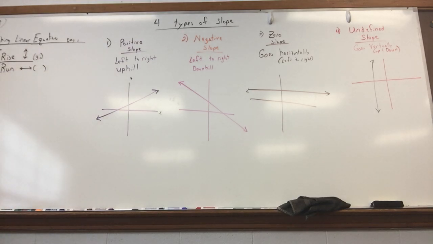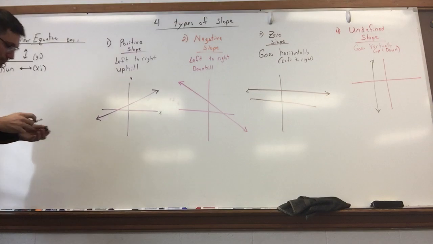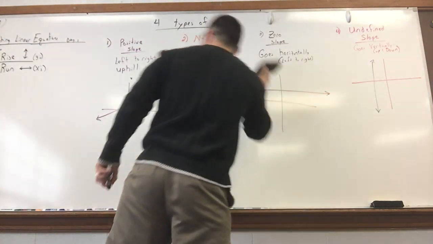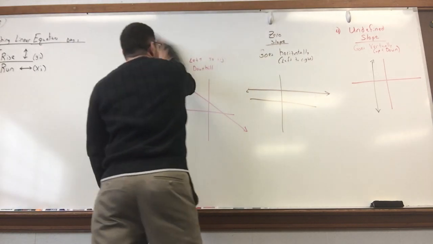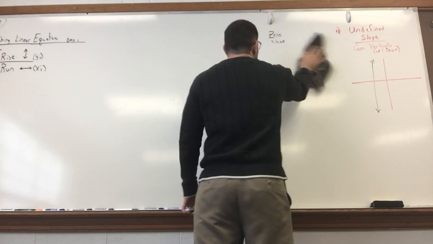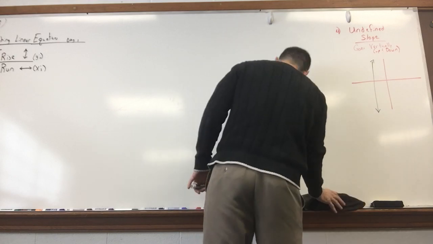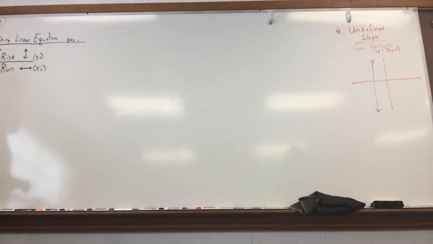Which means my runs are my x values. I am going to show you just one way to do it today. Do you have to do it this way? Nope. But it will be my way to try to get you to understand it to start.